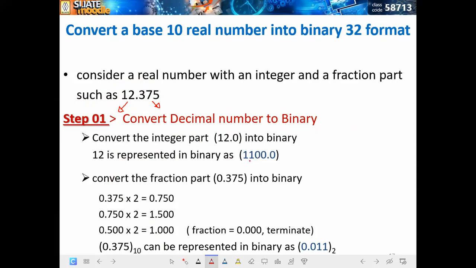Then when you convert the fractional part to binary, you get this value. Can you remember how to convert the fractional part? By multiplying by 2 until you get 0.